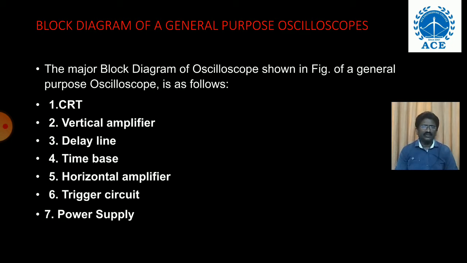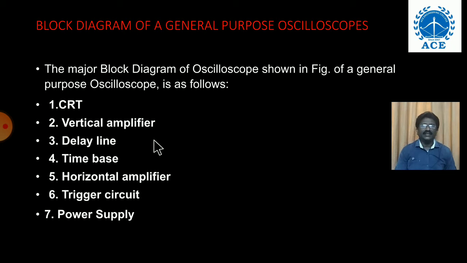Here we have two amplifiers, the vertical amplifier and the horizontal amplifier. With the vertical amplifier, you provide signals to the vertical plates of the CRT, and with the help of the horizontal amplifier, you can amplify the sawtooth output of the time base generator. Through the horizontal amplifier, you provide the signal to the X plates of the CRT.